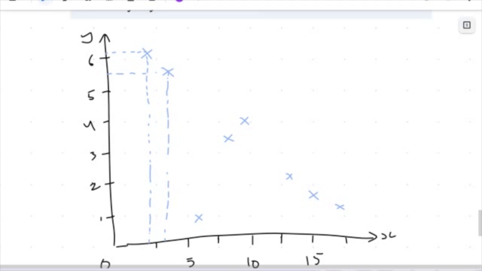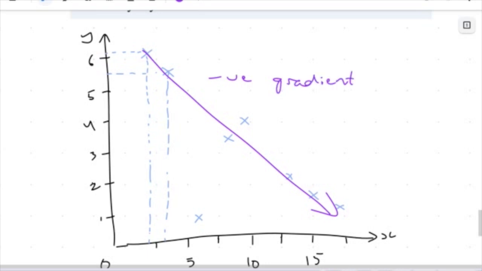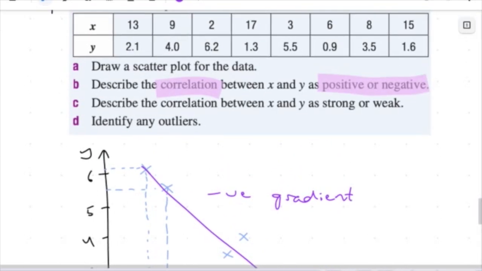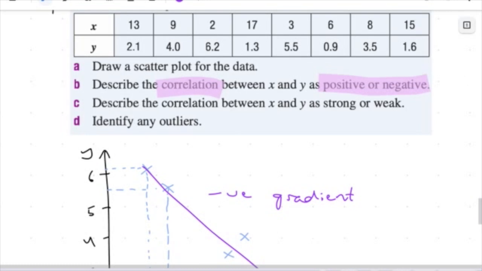Now here we can pretty clearly see through all of these points, if we were to draw a line, I can see first of all a linear trend, everything's packed in, but if this was a line, it would have a negative gradient. So we can then say that our correlation between x and y is negative here.